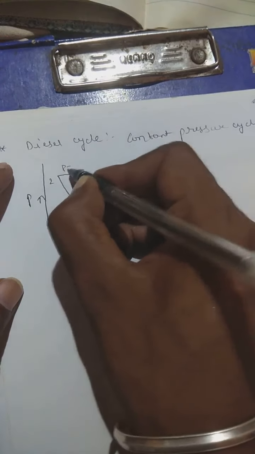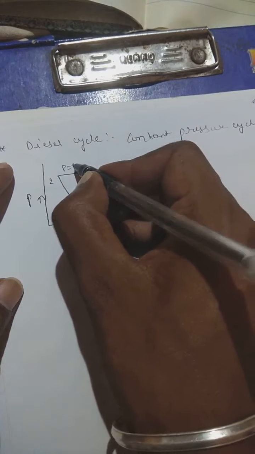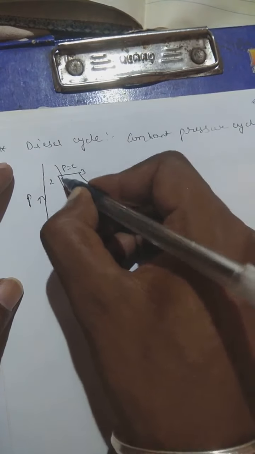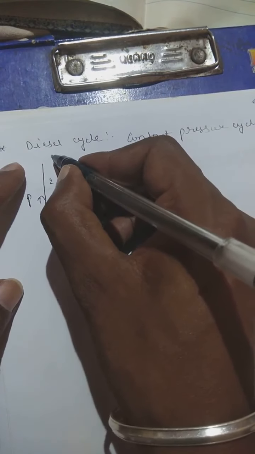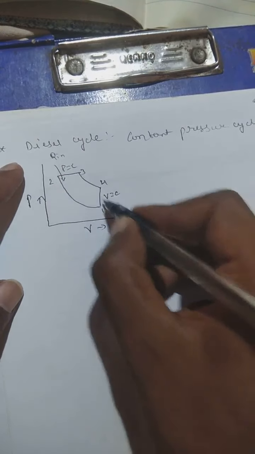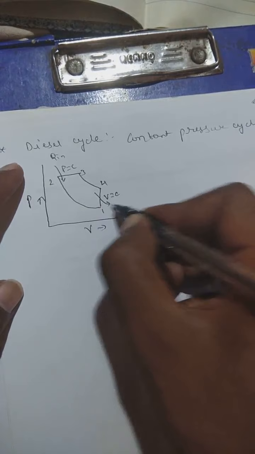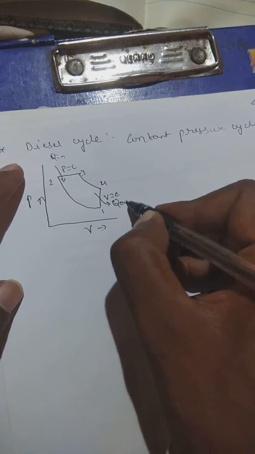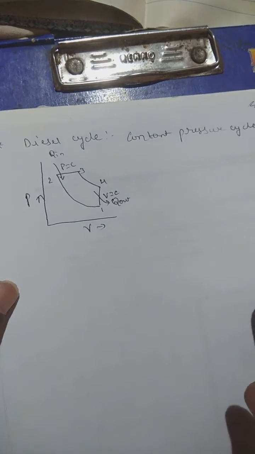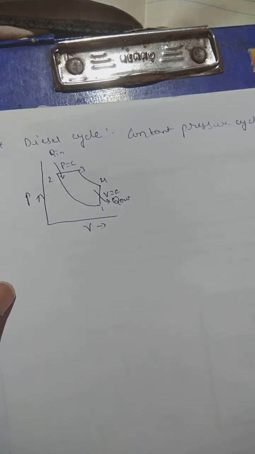Here pressure and volume are constant, and the heat addition always takes place during the constant pressure process. Here it is heat in, or you can call it QA, or you can indicate with anything, and Q out. This is heat rejection, which takes place during the constant volume process.